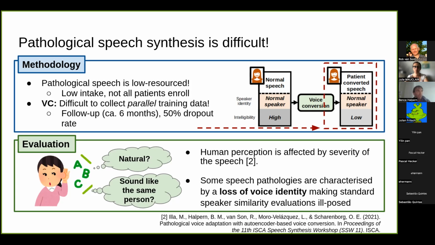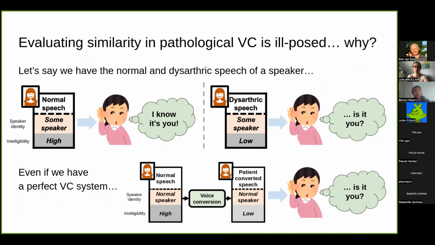I will demonstrate this in the next slide, but basically the idea is that even if we have a normal speech sample and a pathological speech sample, we would have a problem of a listener not being able to know whether the speech sample comes from the same speaker. So even if we have the perfect VC system, we would have a difficulty in figuring out whether we have managed to achieve good speaker similarity.